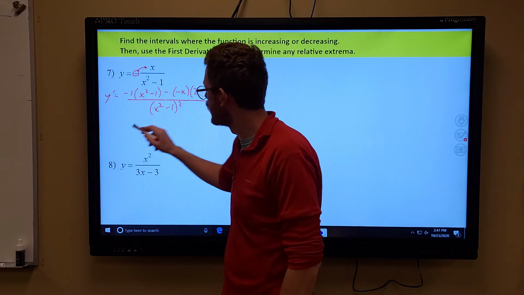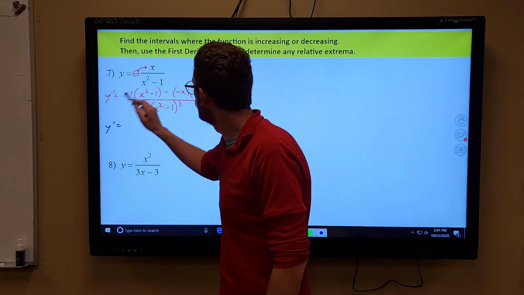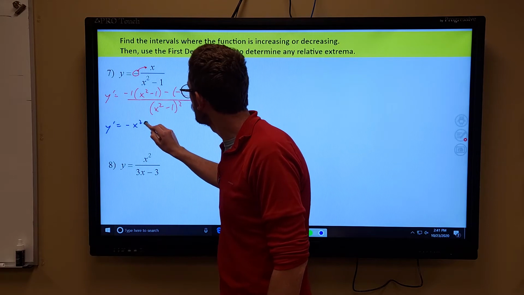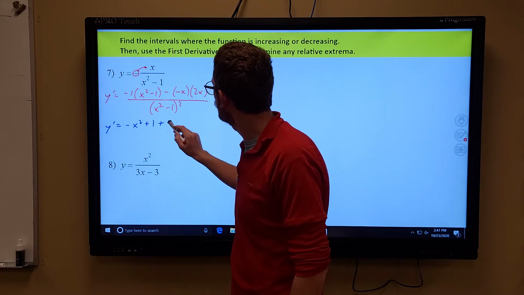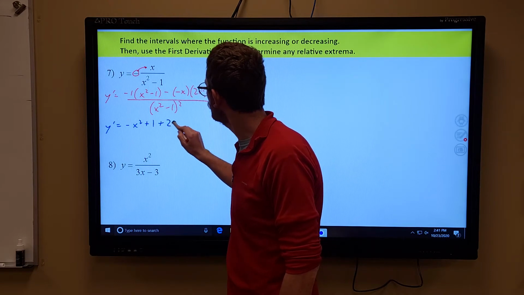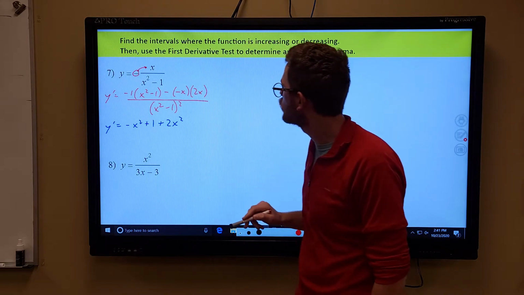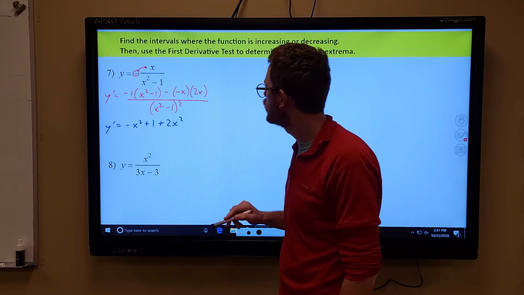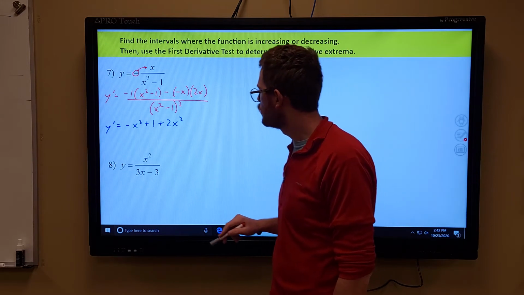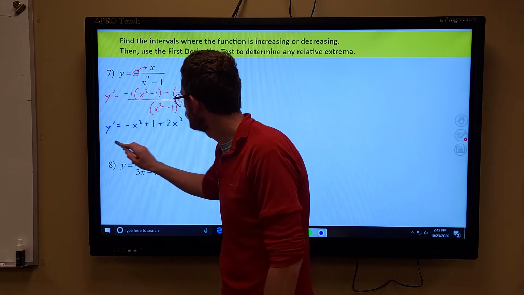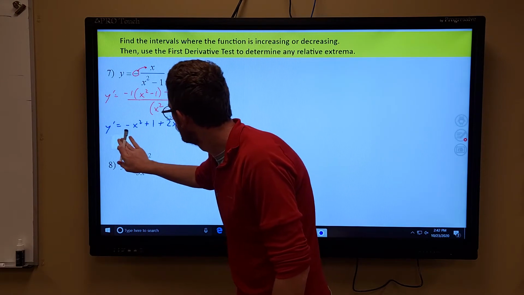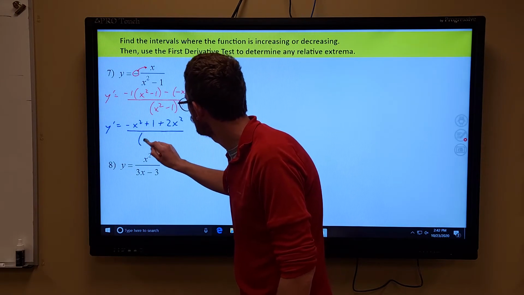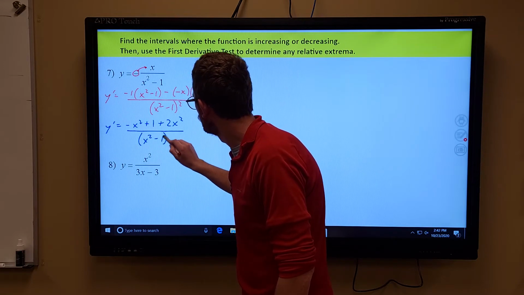So I'm going to distribute that -1 to get negative x squared plus 1 plus, that'd be a plus 2x squared. And combine like terms here. The denominator is still x squared minus 1 squared.